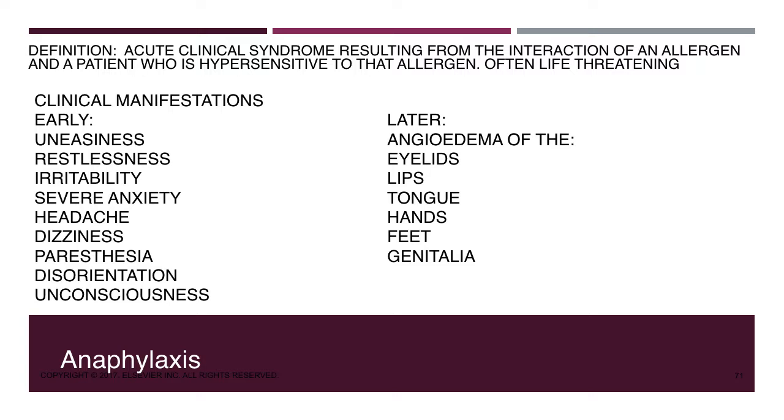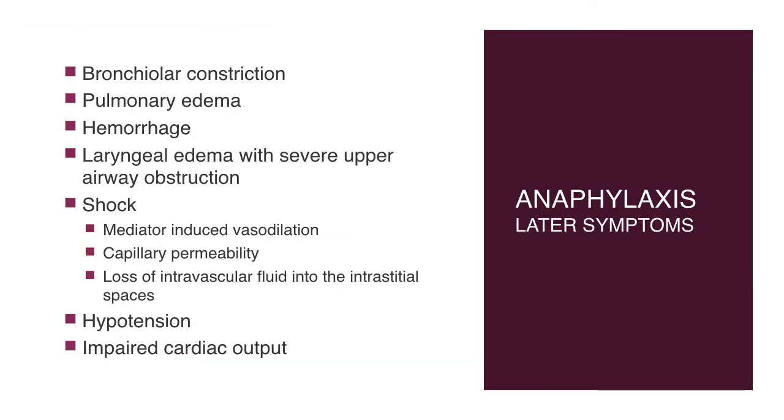Later in the clinical situation, they may have angioedema of the eyelids, the lips, the tongue, the hands, the feet, and the genitalia. So in other words, we have swelling of all these areas. So think about some of the pictures you've seen of people that have overwhelming allergic reactions to bee stings or something like that, or eating shellfish.